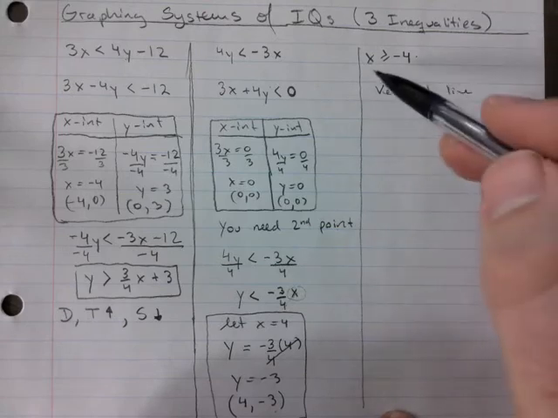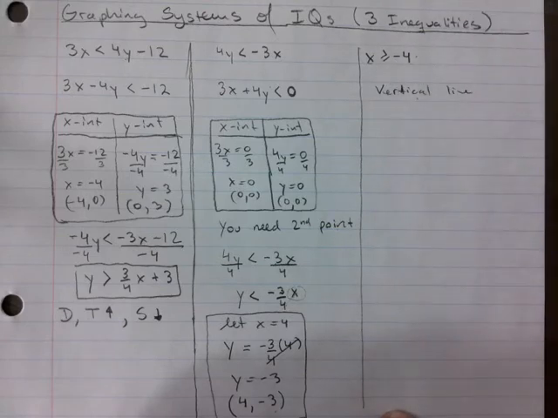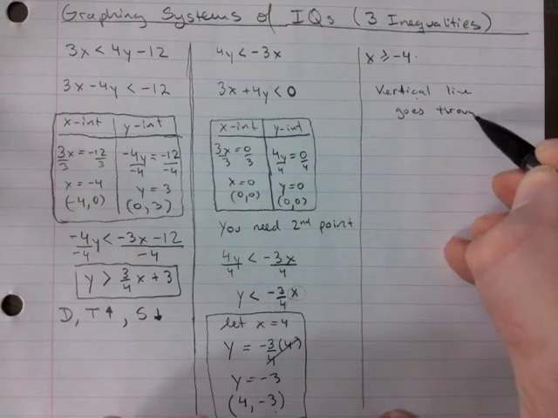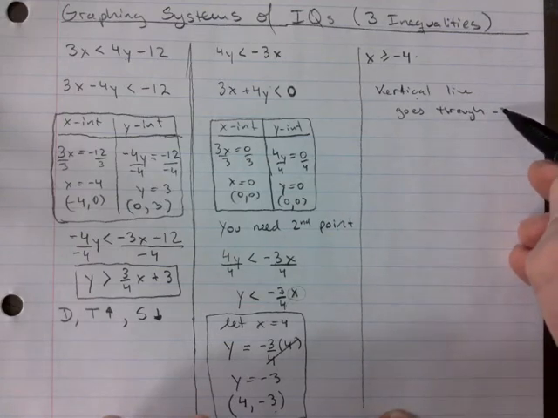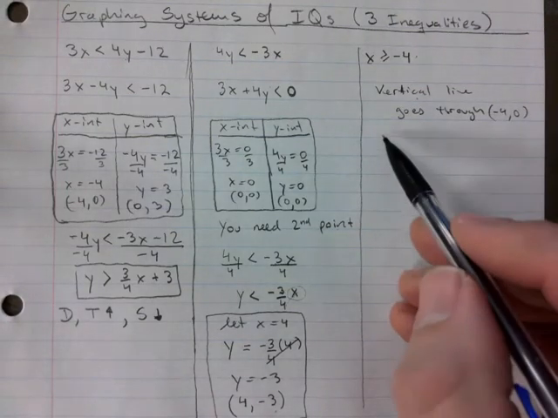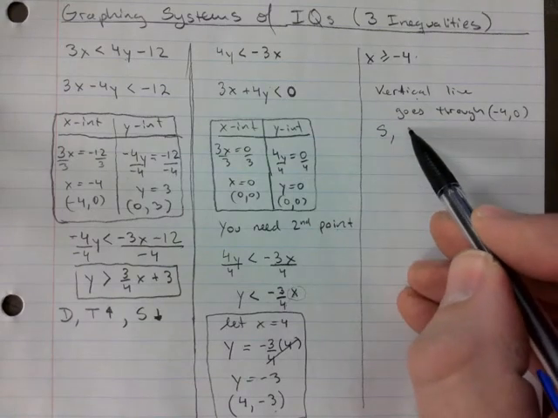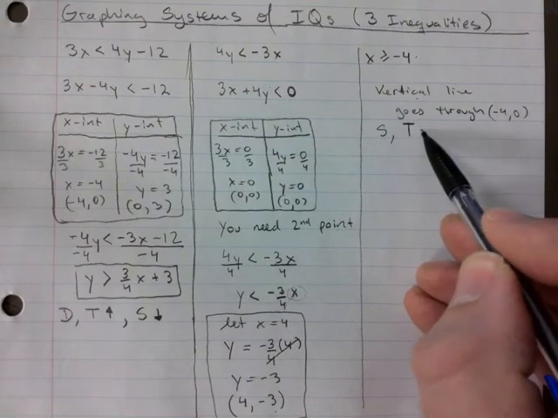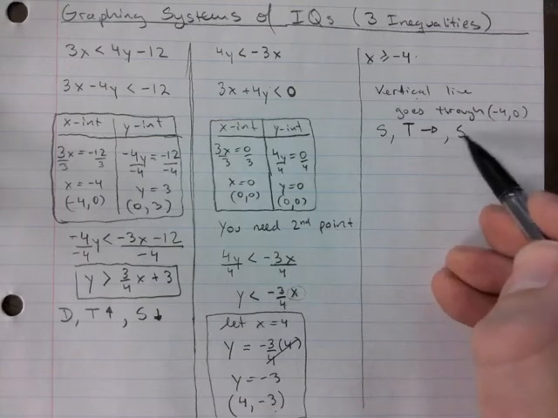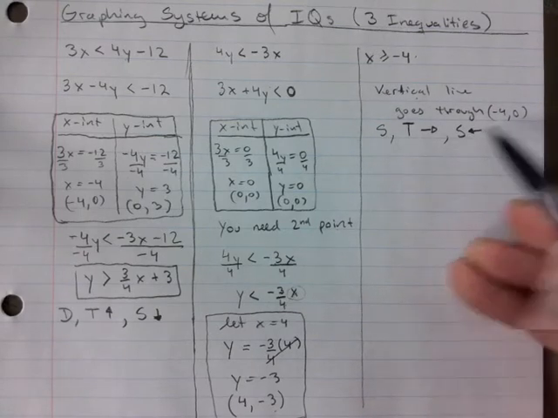And in this one, it's all cleaned up already. X is isolated, so it goes through negative 4, 0. And we're just going to say that this one is solid. The true region lies to the right because it's x greater than. So I'm going to shade to the left.